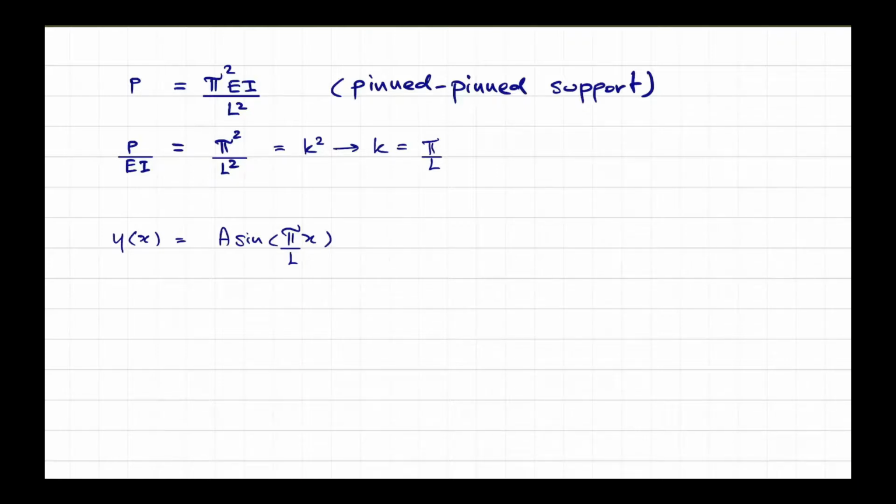A could be anything, alright, but not 0. It could be any value, and we don't really care about the A value. It is just a scale. The part that controls the deformed shape is this one.